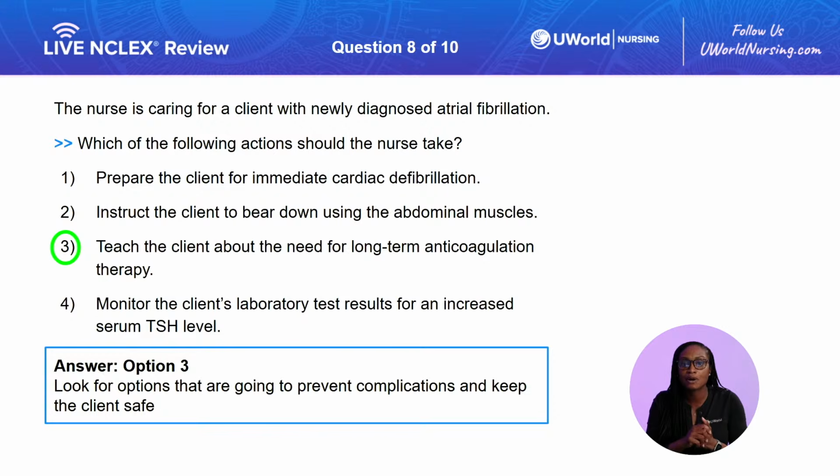And then option 4, monitor the client's laboratory test results for an increased serum TSH level. This is actually something that would be done for a bradycardic rhythm, usually a complication of hypothyroidism, not necessarily for atrial fibrillation. So the only correct teaching point for atrial fibrillation is long-term anticoagulation therapy.